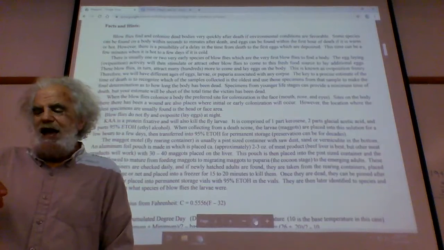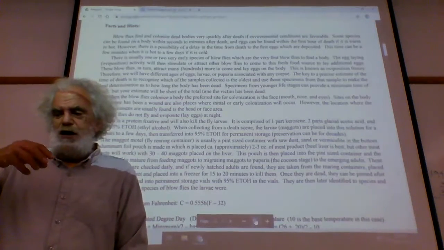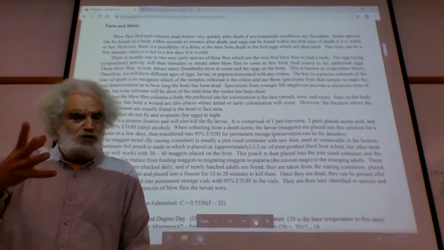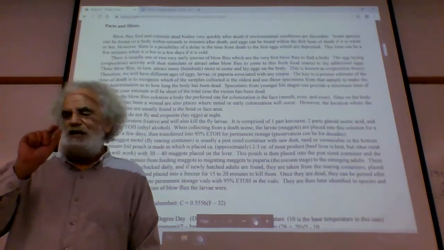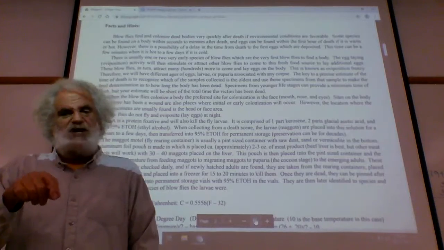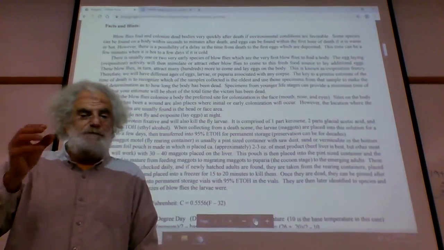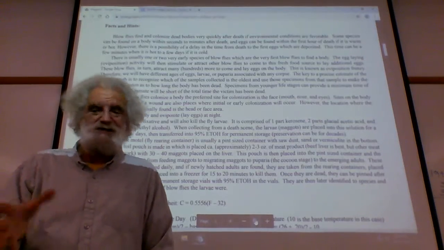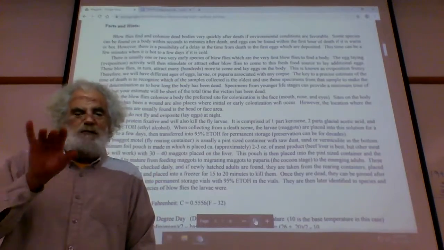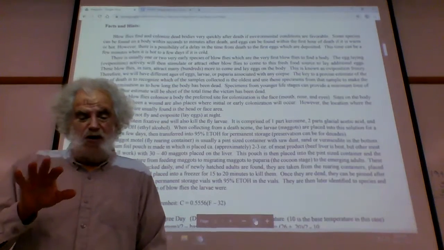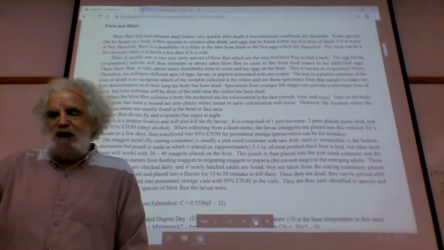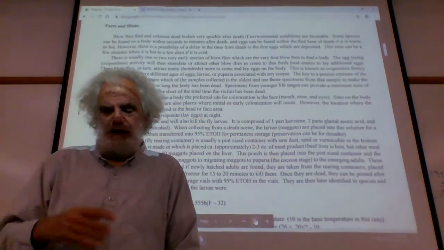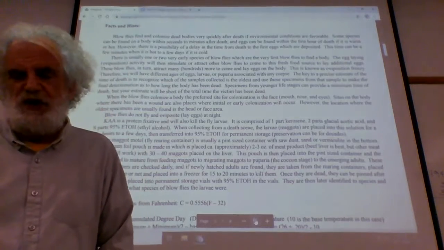When they are eclosed after metamorphosis, you can then actually look at the flies and have a better determination of the fly species. Trying to determine species by looking at the maggot could be really, really hard. Much easier to look at the adult fly. And it's a way of just double checking all your bits and pieces of information.